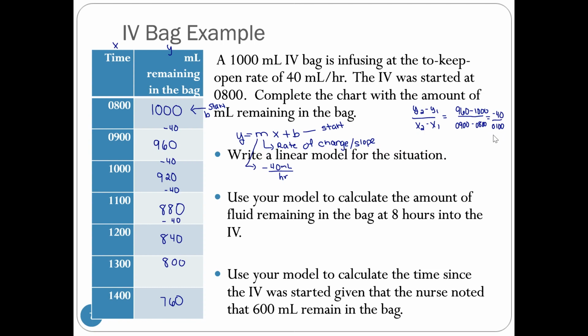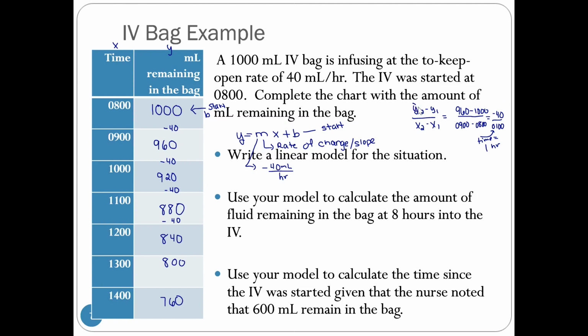And if I see this as the number 100, I will get a wrong answer. I have to see this as time, and I have to see this as 1 hour. So that is why I truly just reasoned this through, that it is changing by dropping 40 milliliters per hour.